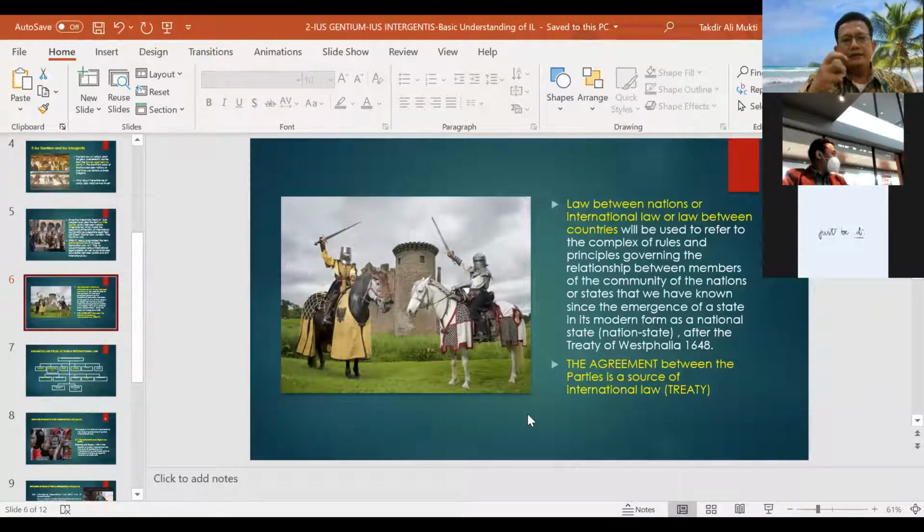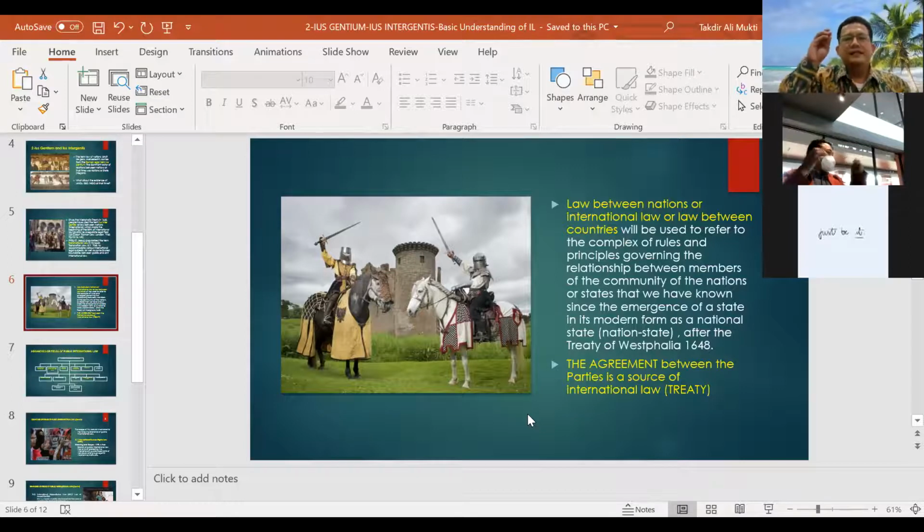The Westphalia Treaty became a principle in international relations today because it is an agreement recognized by international law.